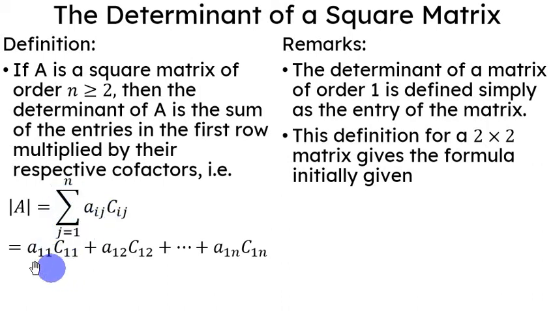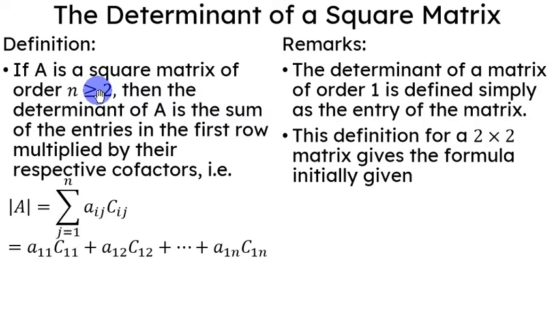That would mean that we have the sum of A sub 1 1 times its cofactor, plus A sub 1 2 times its cofactor, plus, until the last entry in the first row times its cofactor. Now, take note that this definition is for square matrices of order n greater than or equal to 2.